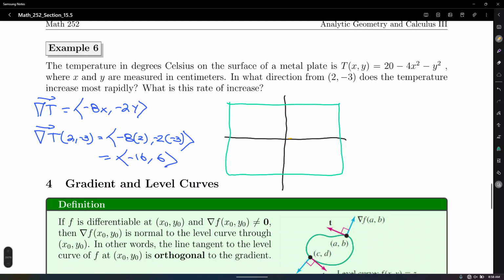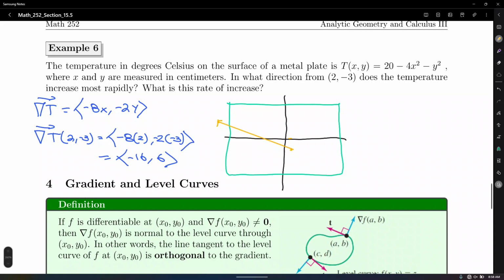Okay, so that means if we go in the direction of the vector -16 units, 6 units, roughly that vector, that is where the temperature increases most rapidly, which is the direction you want to avoid, right?